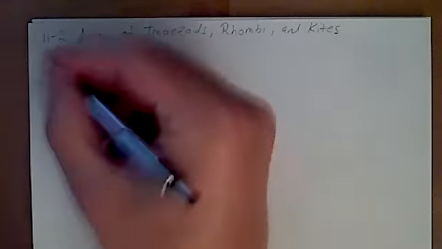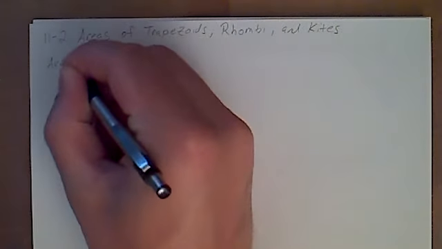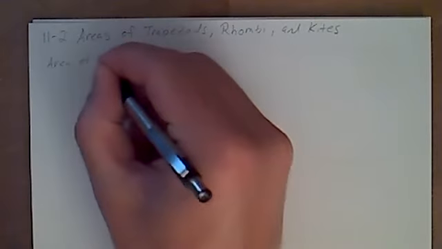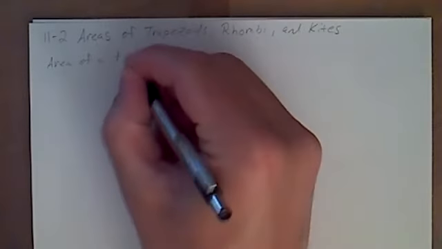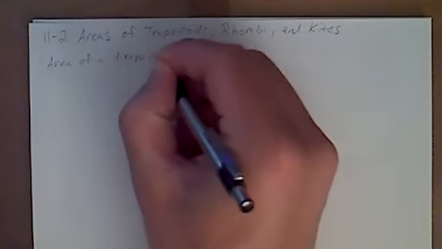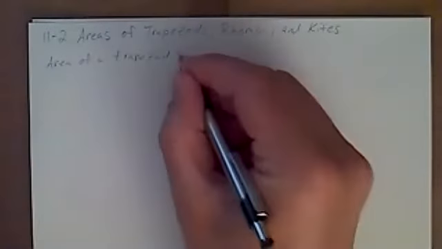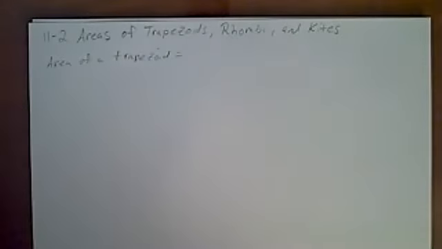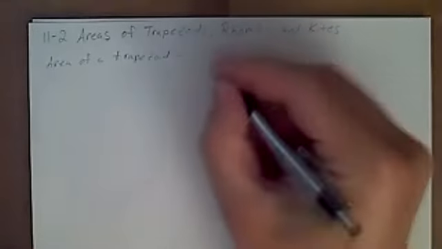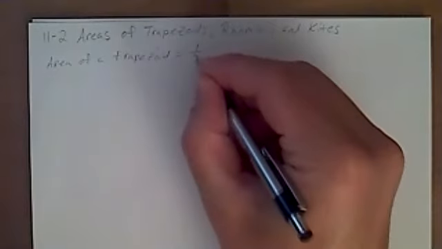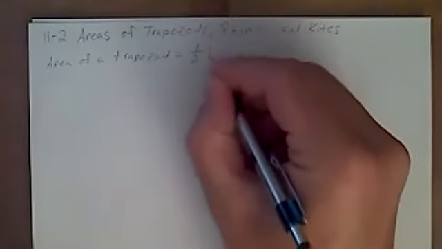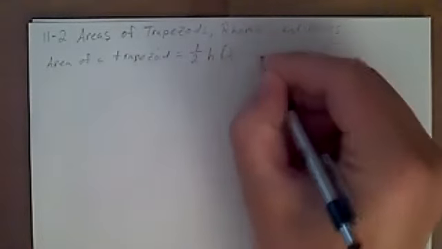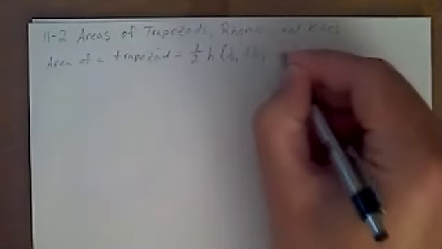So the area of a trapezoid is equal to 1/2 the height times base 1 plus base 2.